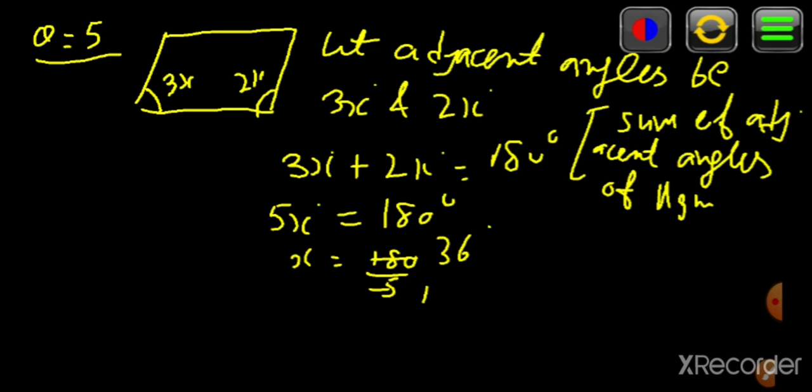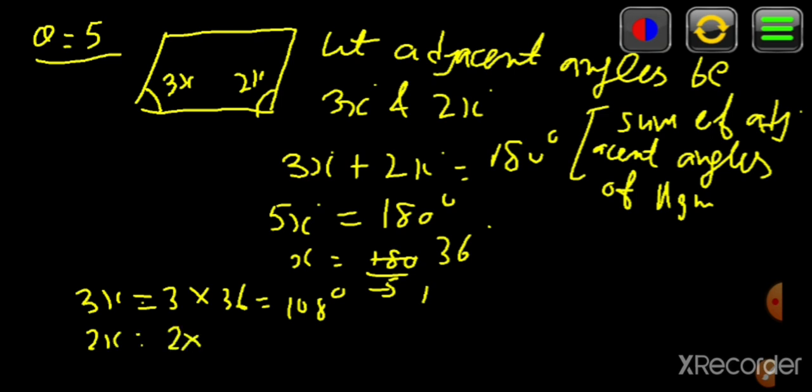So what will be the value of the angles? 3x is equals to 3 into 36, 108 degree. 2x is equals to 2 into 36, 72 degree. This angle 3x, so this angle will also be 3x. If this is 2x, this will be 2x.